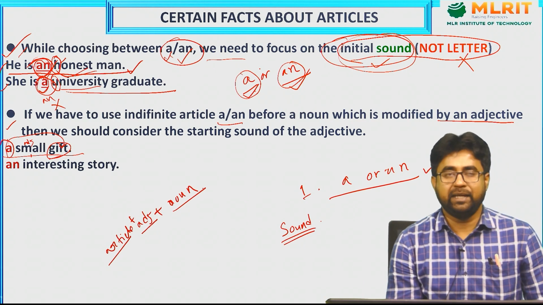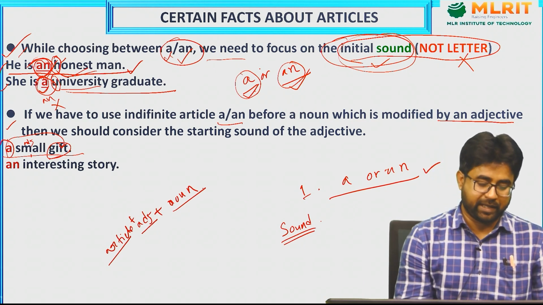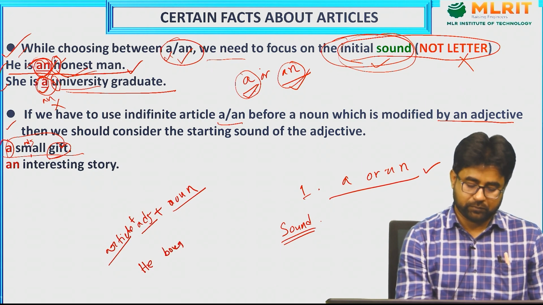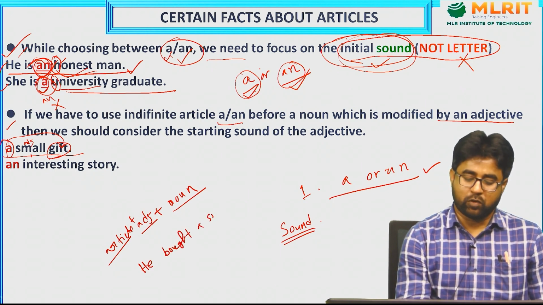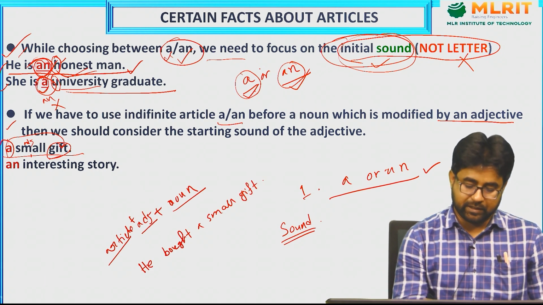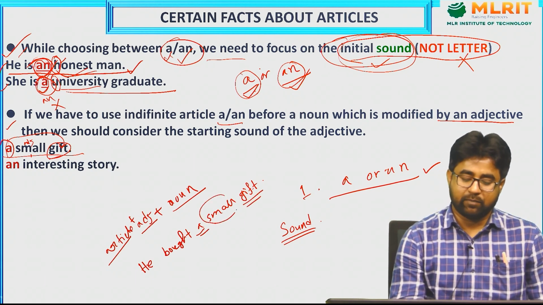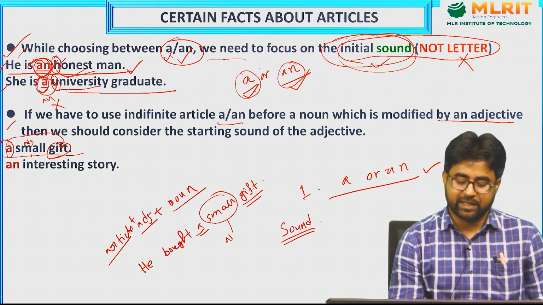So you can see, "He bought a small gift." Let's say I make a sentence: he bought a small gift. See here, this is the article "a" and this is the noun, but this noun is getting modified by this particular adjective in between.